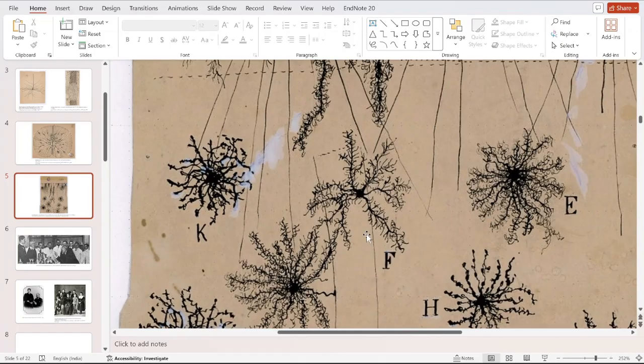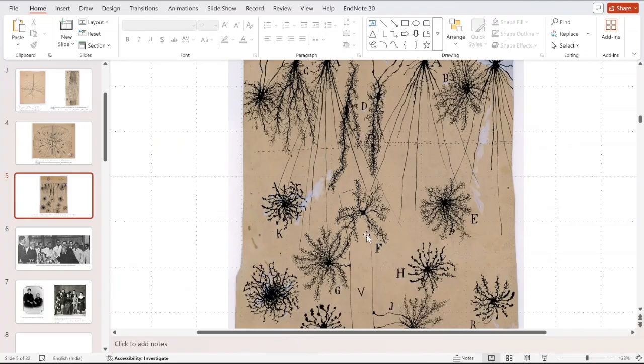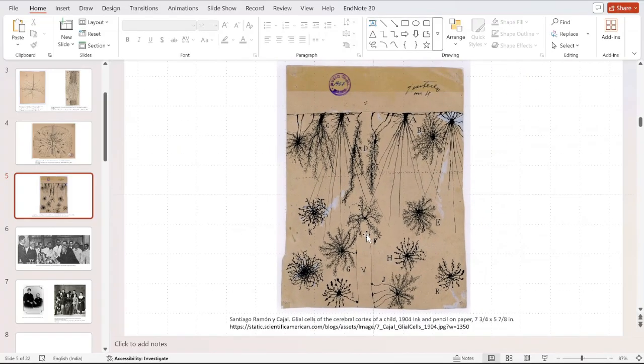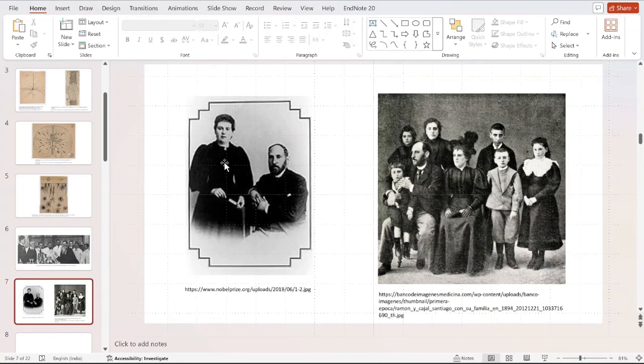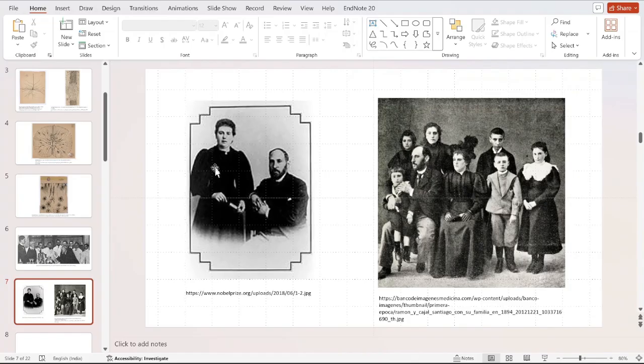And these drawings continue to remain classic works and are reproduced in almost every neuroscience textbook that you would see. And of course, let us remember how he was supported by his wife.